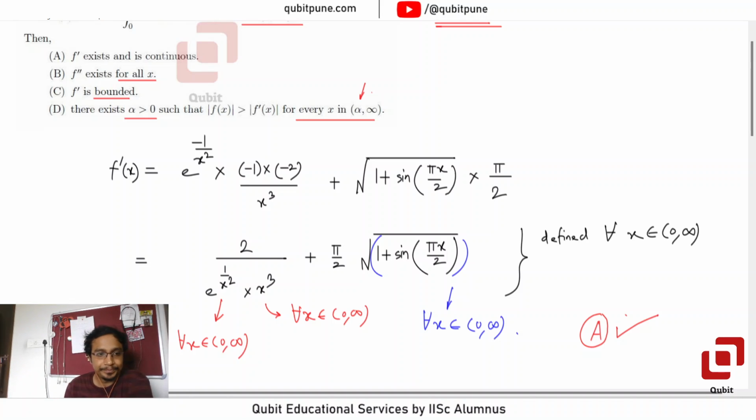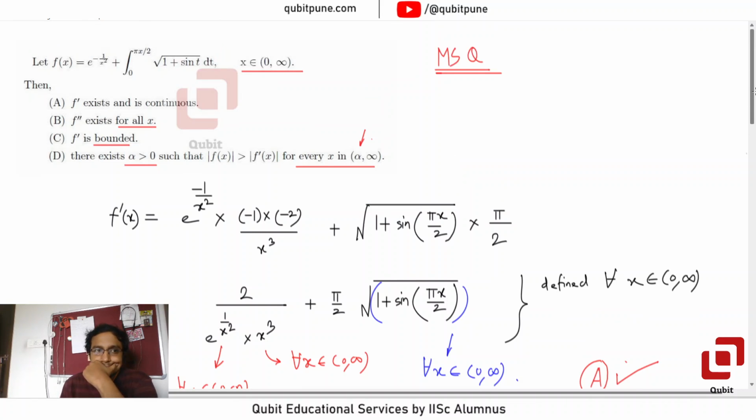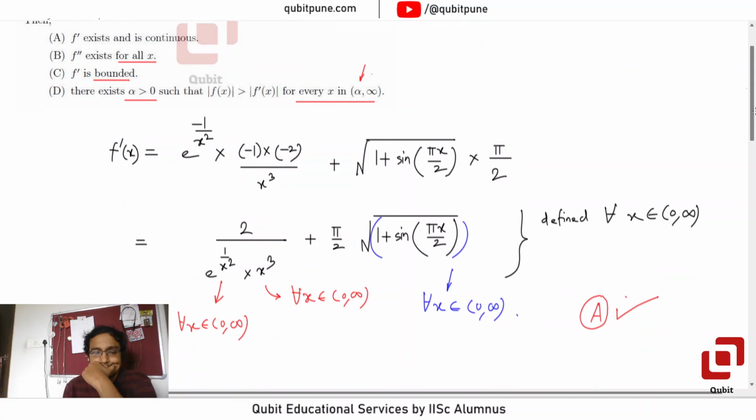Why? Because x cube will have values that will be very great, way greater than any real number that we can define. It will be bounded, sir.